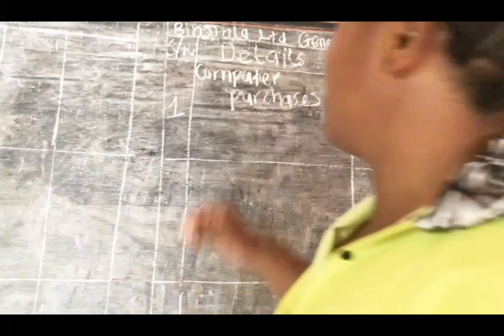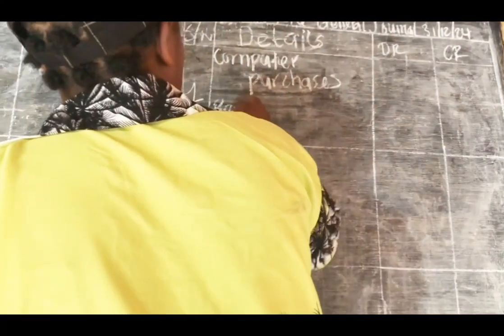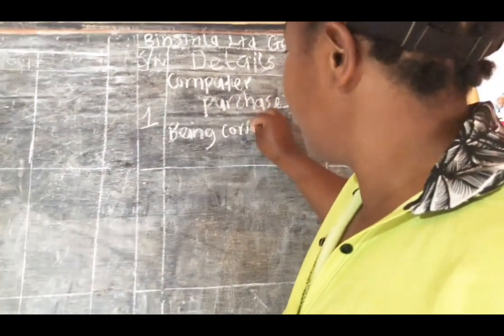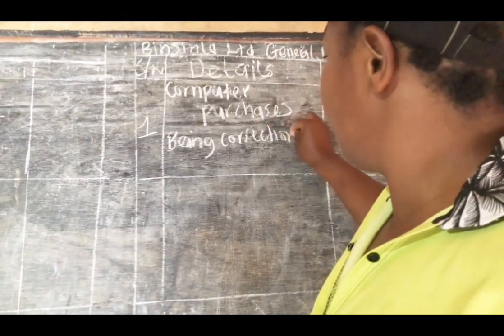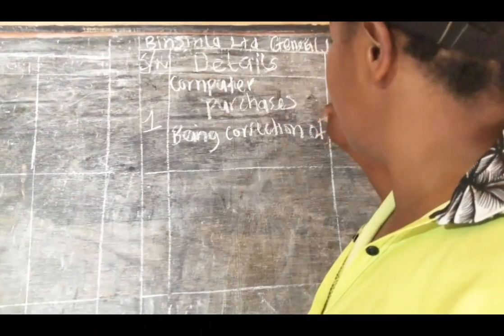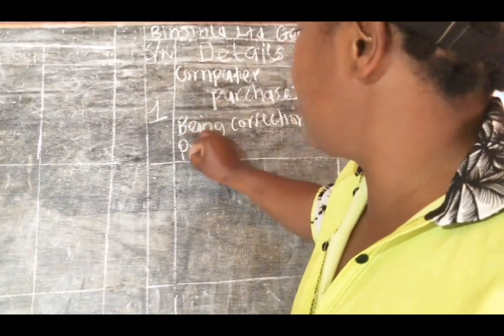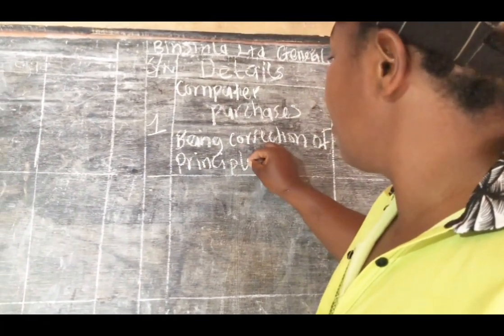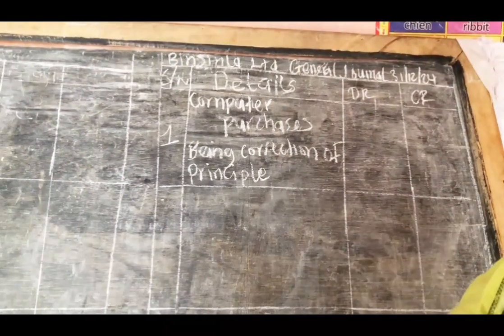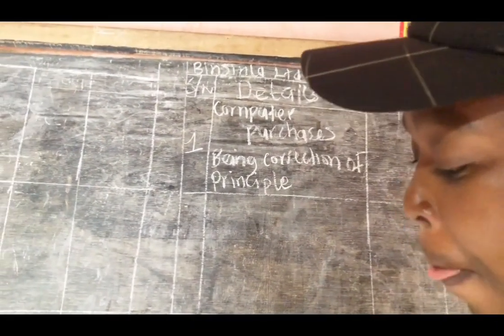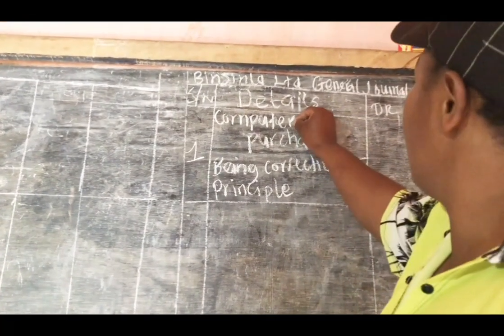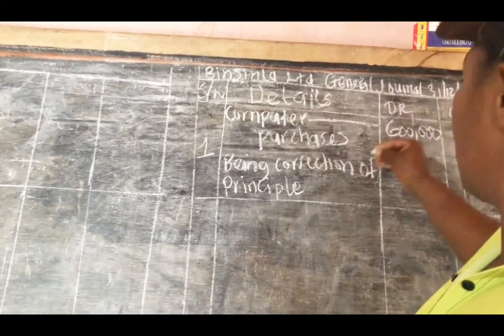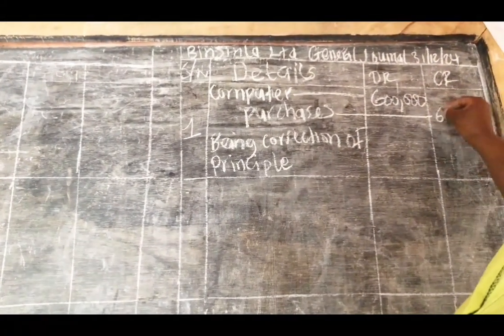And the narration is being correction of error of principle. And we write the amount. It was 600,000. So here we debit 600,000. And here we credit 600,000.